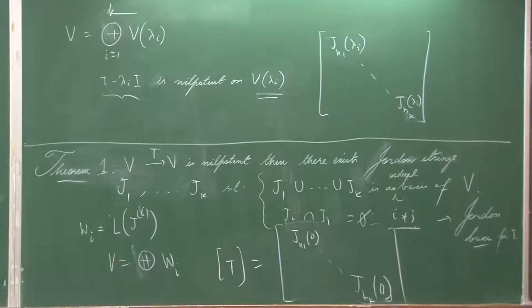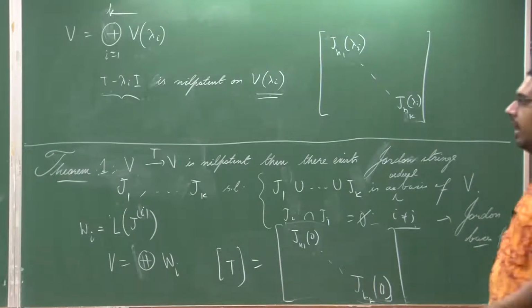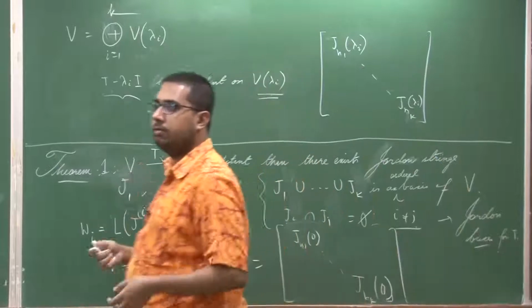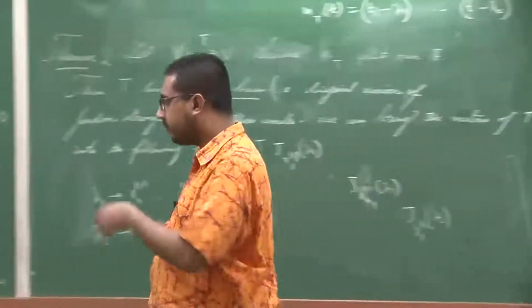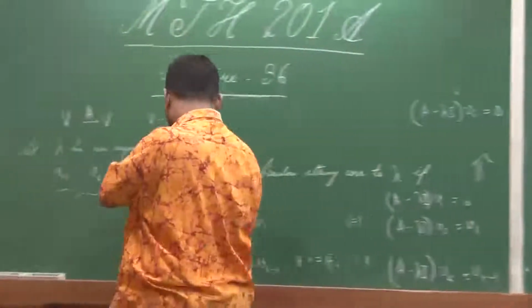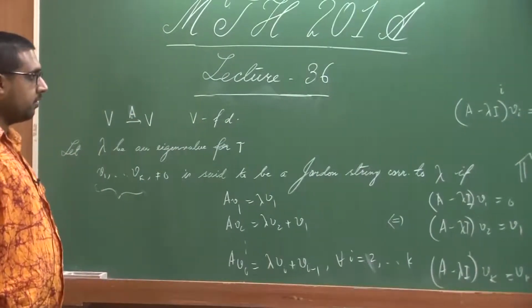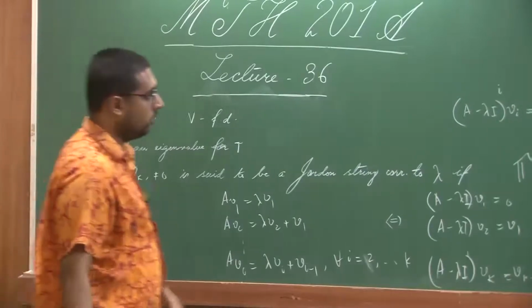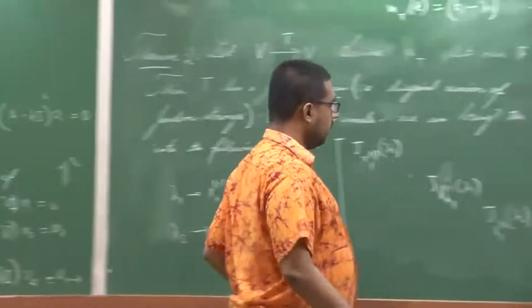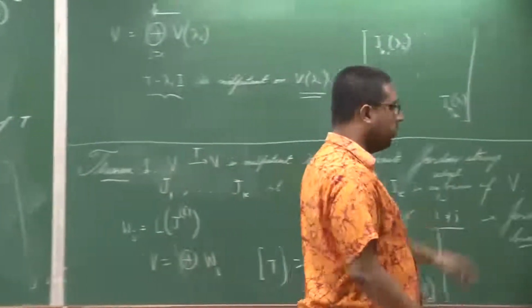Now, you take the union of all of them. So, it will be so many Jordan strings corresponding to different eigenvalues, but all of them are certainly distinct. Fine. So, we have proved theorem 2 modulo theorem 1.